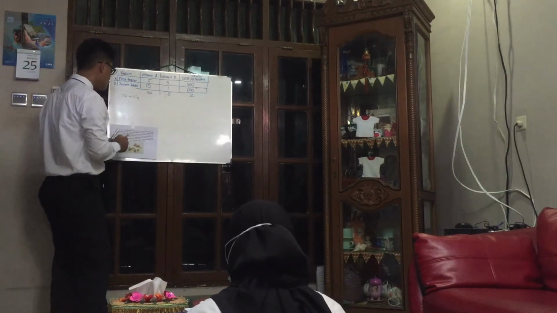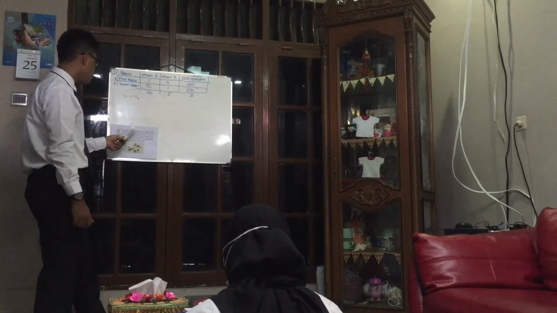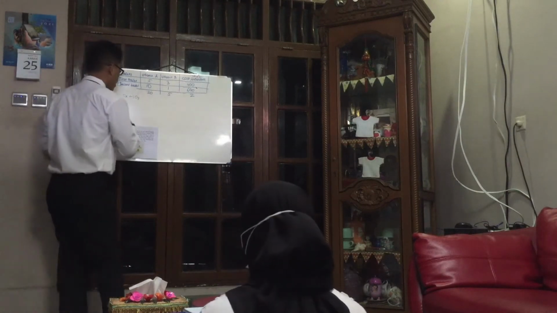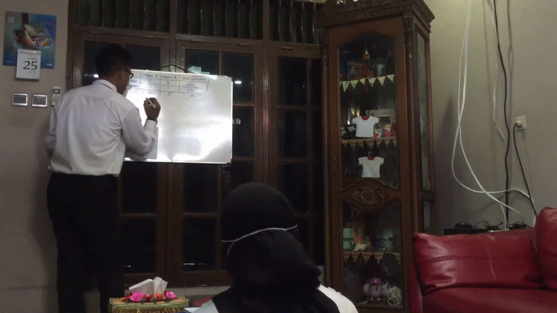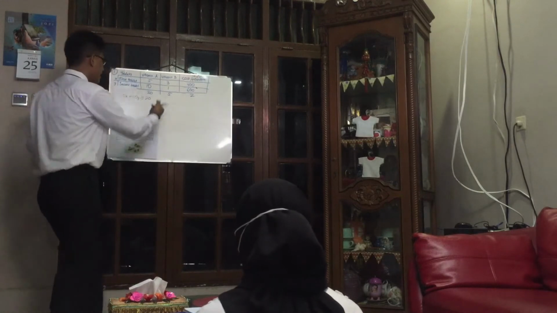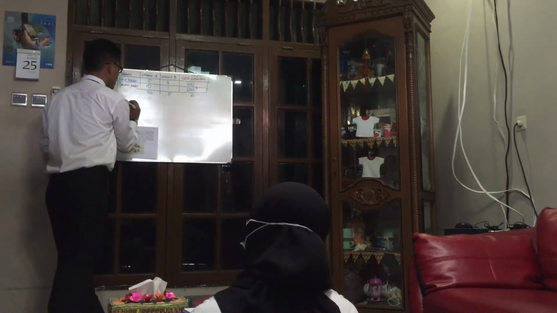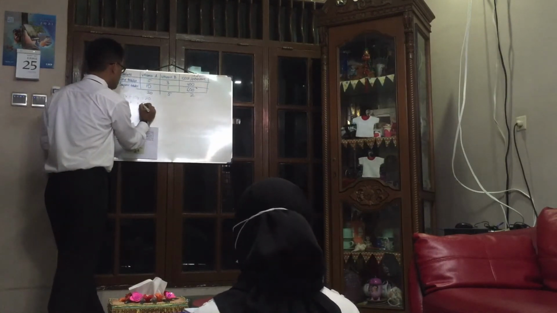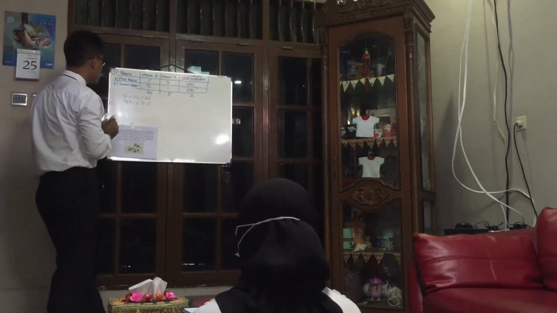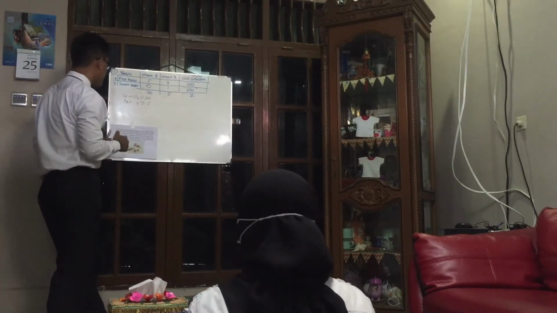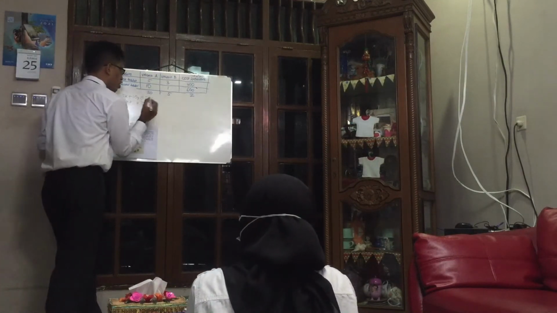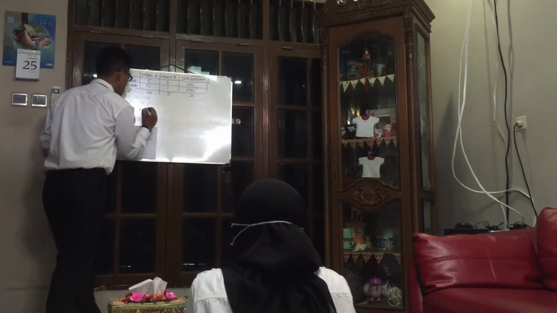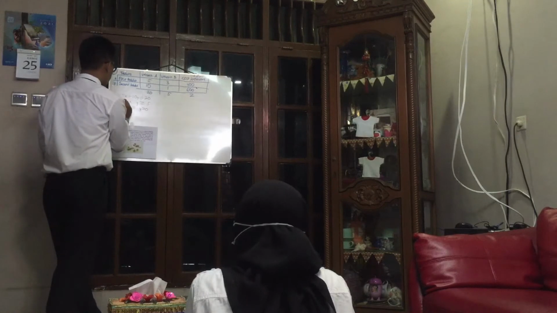Yes, more than, because in the question the child needs that amount, it can be more but not less, so we have more than or equal to 20. The second is 3x plus y, more than or equal to 5, same. Don't forget, because this is a contextual problem, there are usually non-negative constraints, so we can write x more than or equal to 0 and y more than or equal to 0.